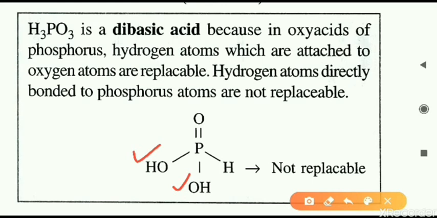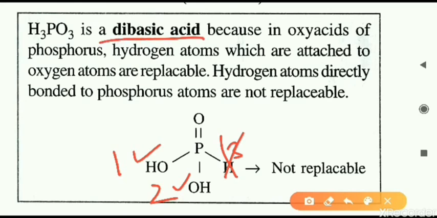The third hydrogen is not bonded to any oxygen atom, so it will not be counted for basicity. Only 2 hydrogens are connected by an oxygen bond. That is why the basicity of H3PO3 is 2, and that is why it is dibasic in nature.